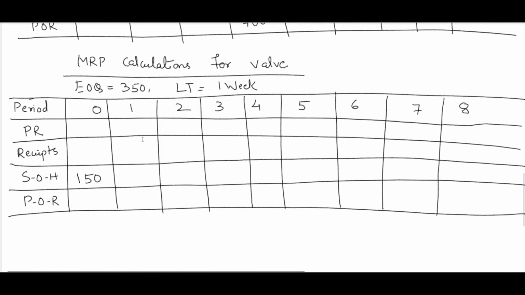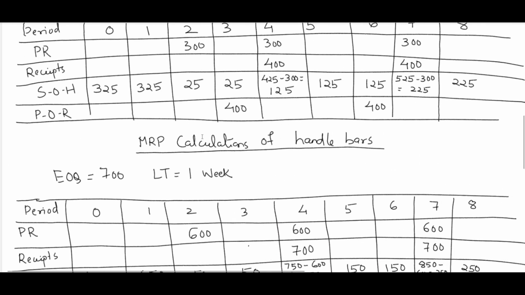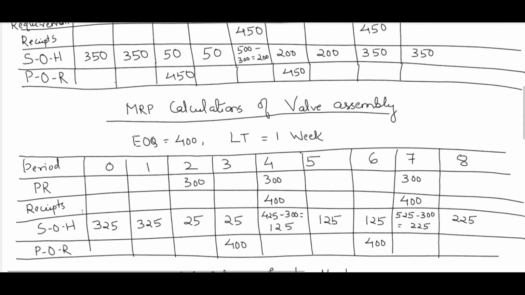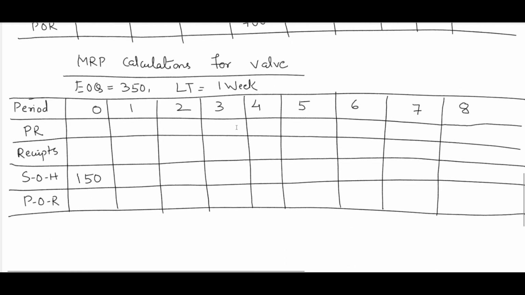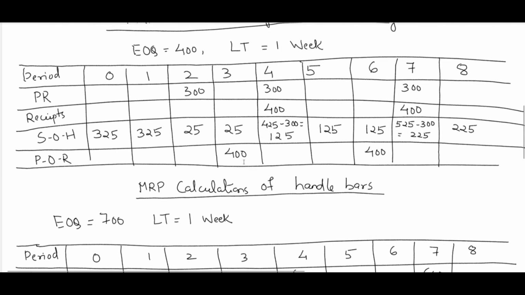Now, the planned order release for valve assembly is 400 in the third and sixth week. So the demand, the projected requirement, will be 400. Sorry, it is 400.